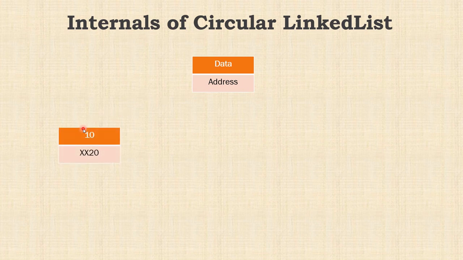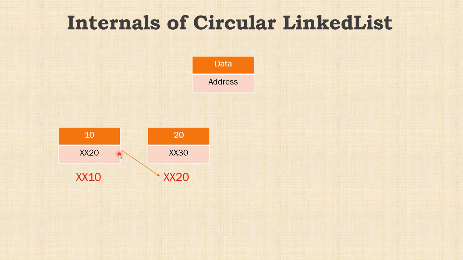So see, this is the first node. Here data is 10. So we are storing data 10, and this is the address of your next node XX20, and XX10 is the address of your first node. So this is the second node. The address of the second node is XX20, so your first node is pointing to the second node.